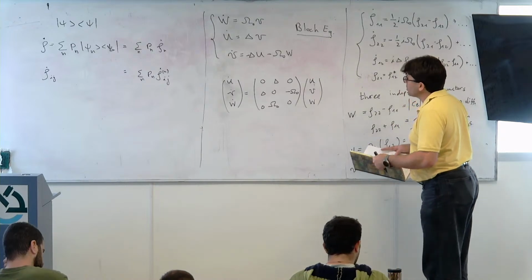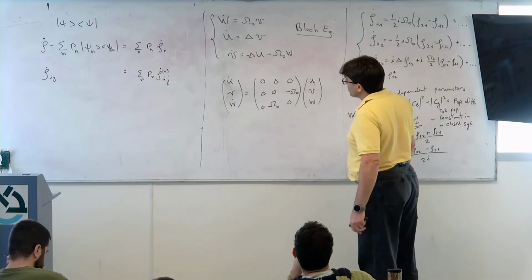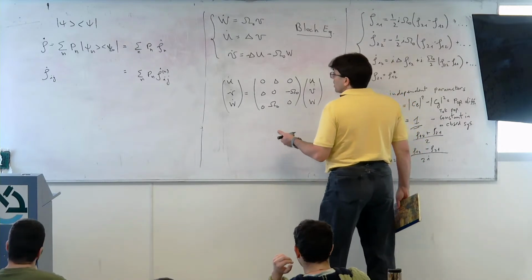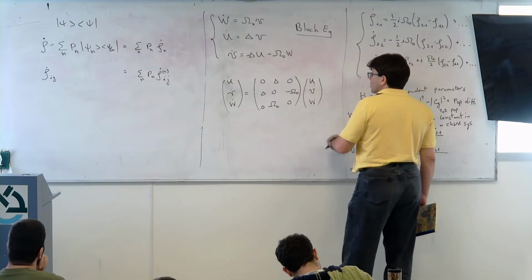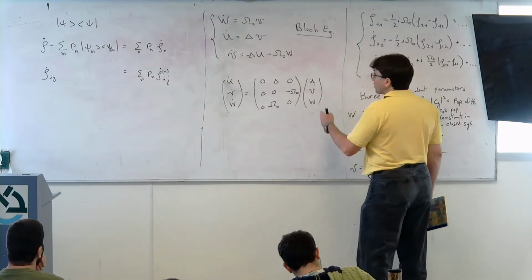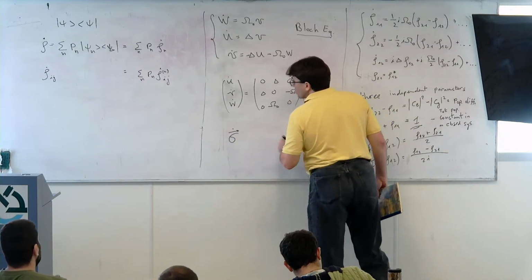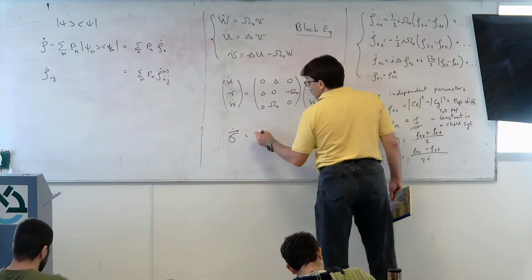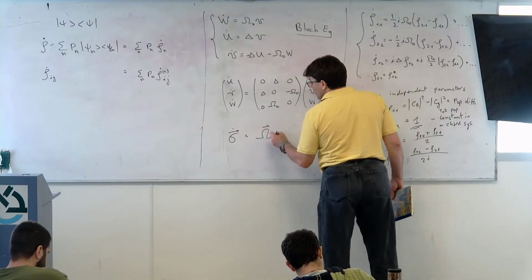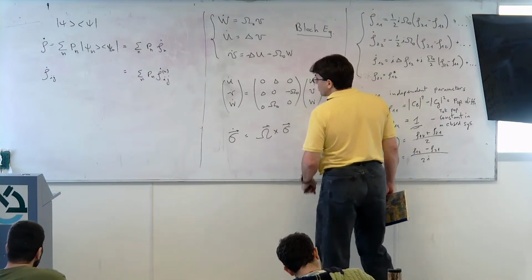And as we said, we can verify just quickly that I can think of this as being a vector sigma dot, which is the result of some vector omega cross the original sigma.